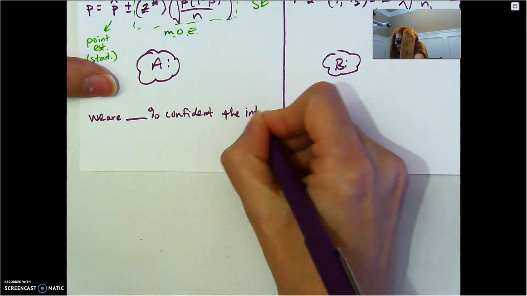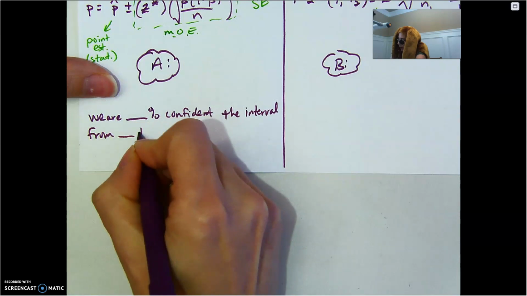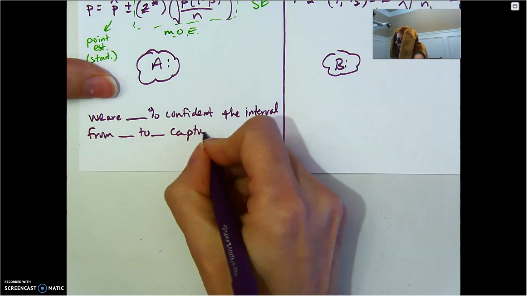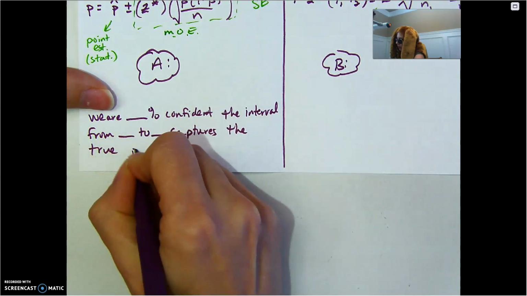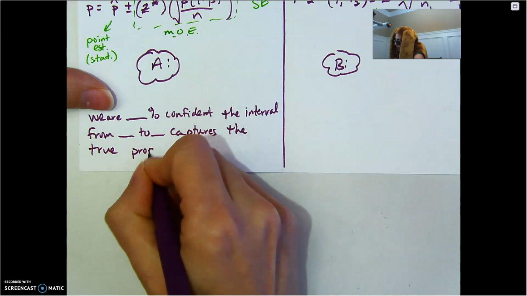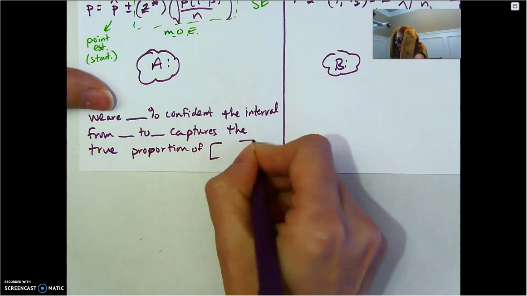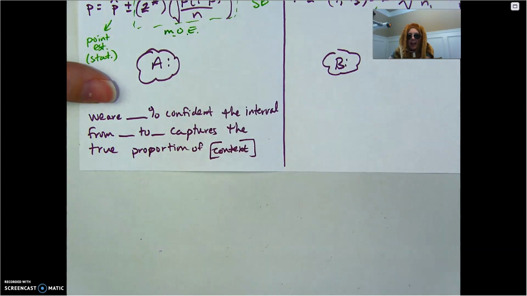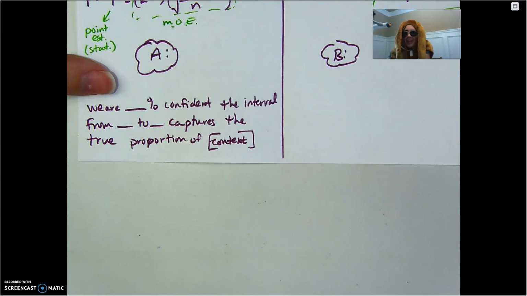The interval from blank to blank captures the true proportion of, and then I'll put a little context here. So whatever your problem is about. You're trying to calculate the true proportion of people that watch Frozen 2 many times. That would be me.